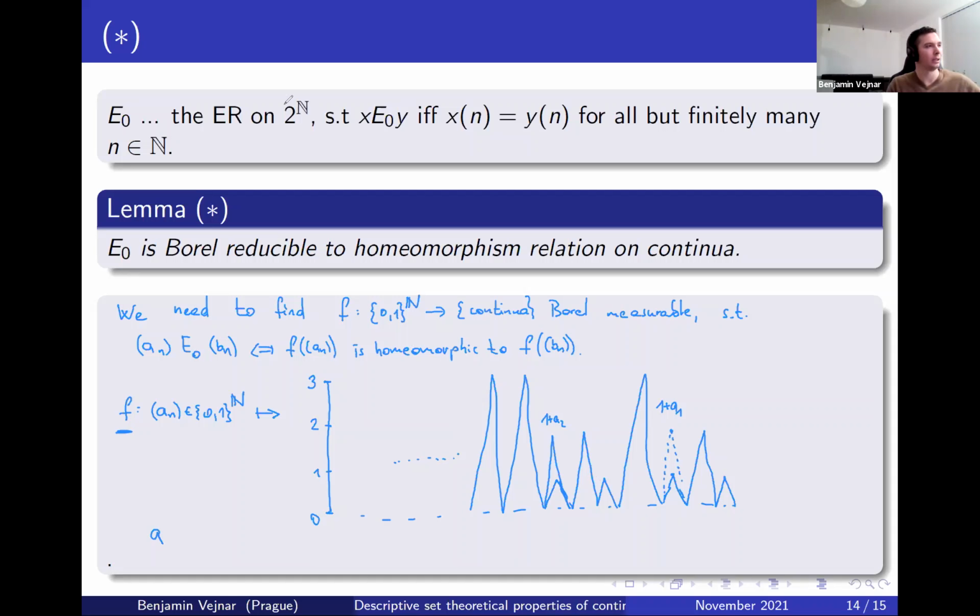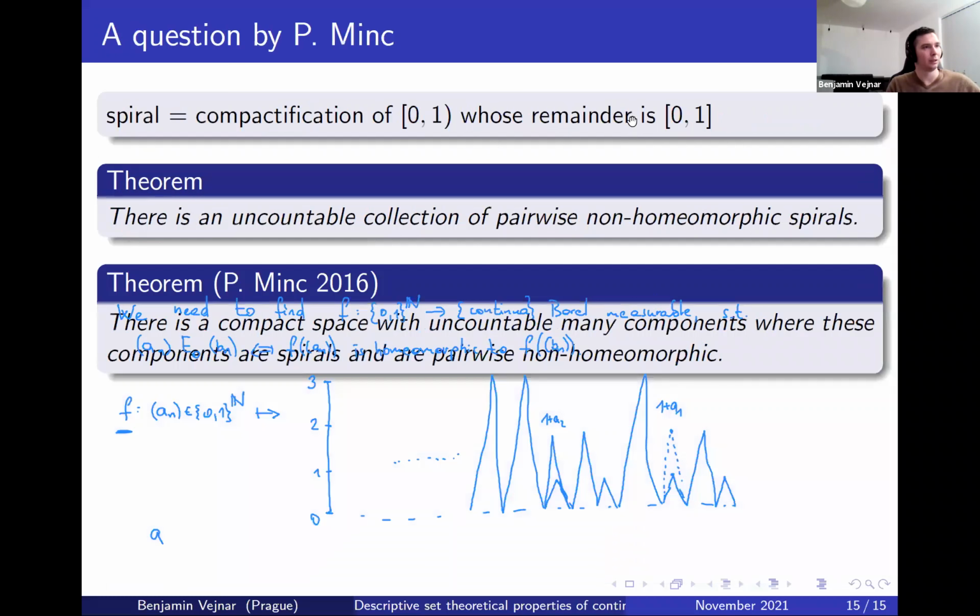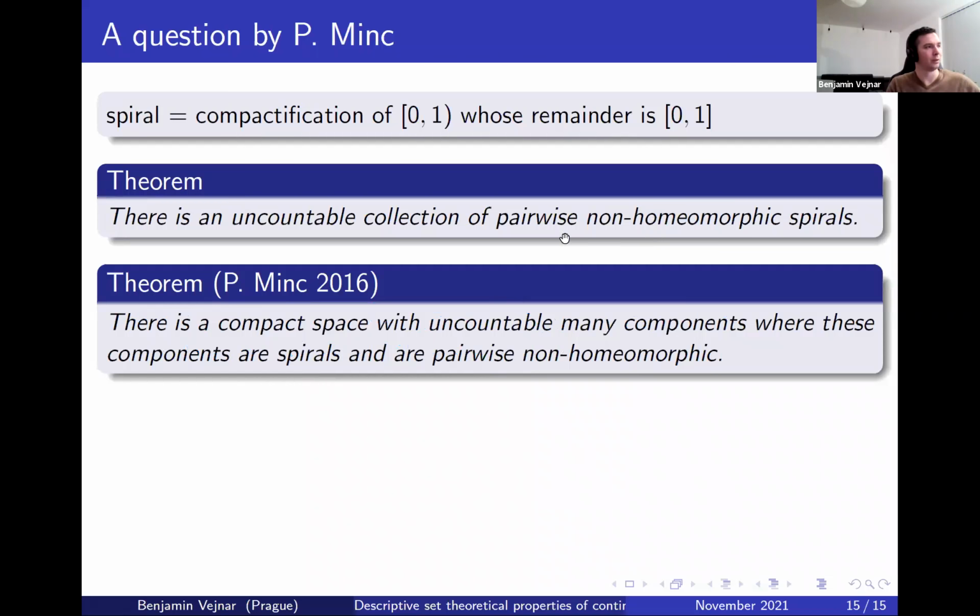Okay, so the last slide is dealing with this thing. If you consider a spiral, this is just a compactification of [0,1) whose remainder is the closed interval [0,1], then there are results that there is an uncountable collection of pairwise non-homeomorphic spirals. And Piotr Minc proved that in fact there is a compact space with uncountably many components where these components are spirals and are pairwise non-homeomorphic.